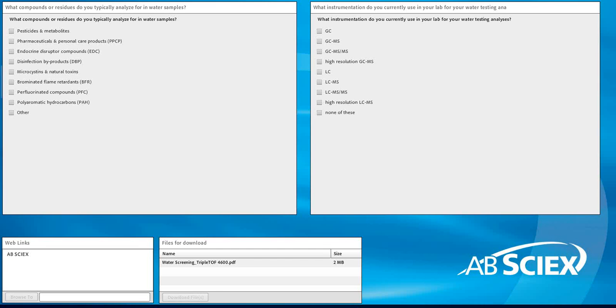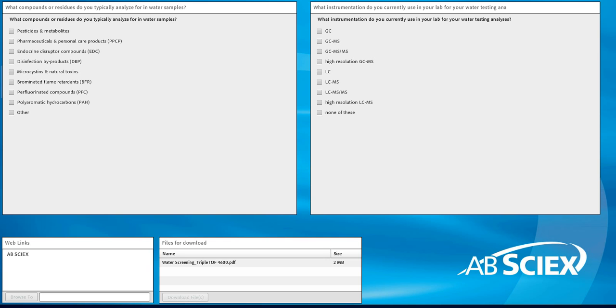The first one is, what compounds or residues do you typically analyze for in water samples? Pesticides and metabolites, pharmaceuticals and personal care products, endocrine disruptor compounds, disinfection byproducts, microcystines or natural toxins, brominated flame retardants, perfluorinated compounds, polyaromatic hydrocarbons, or some other compounds?